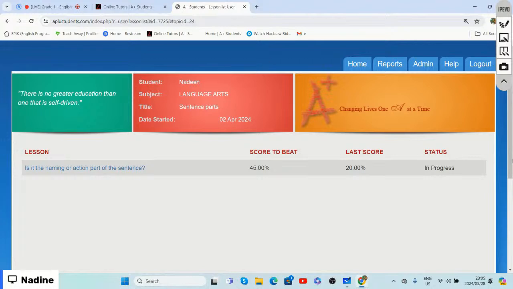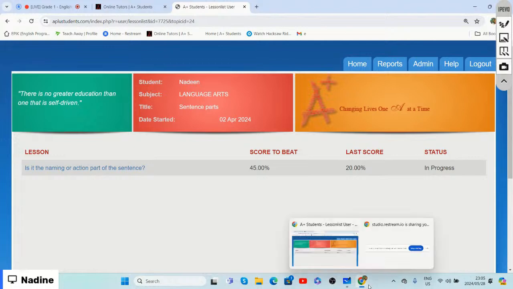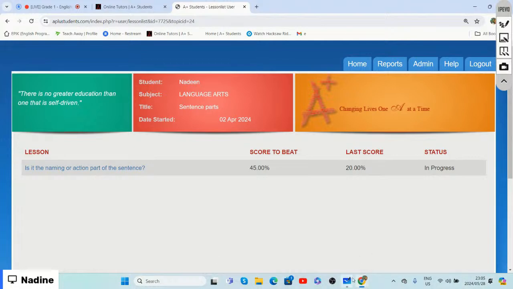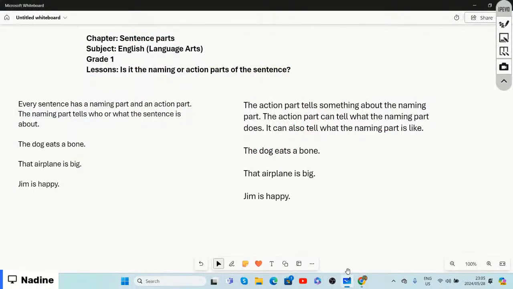All right. So the chapter is sentence parts. Our subject is English language arts, grade 1.